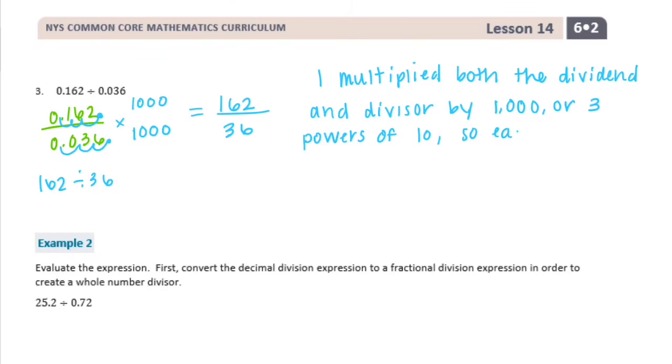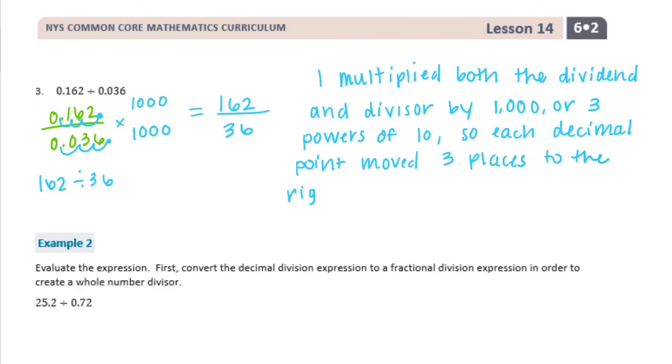So each decimal point moved 3 places to the right because they grew larger by, you could say, 3 powers of 10, or by 1,000.